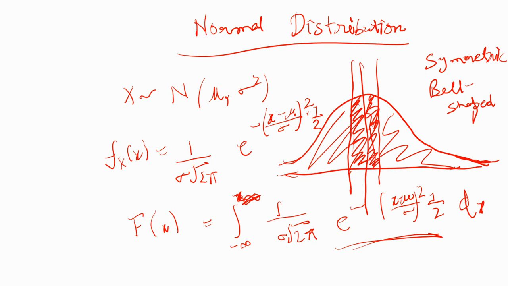So what we do is that F of x is equal to phi of z.